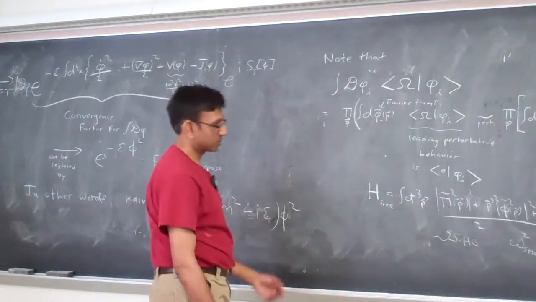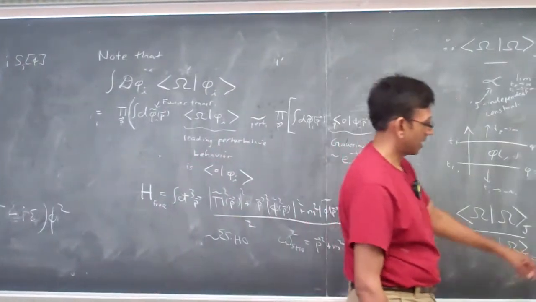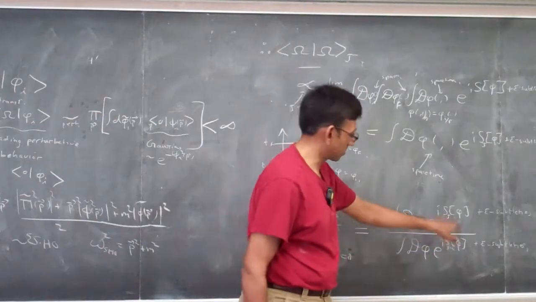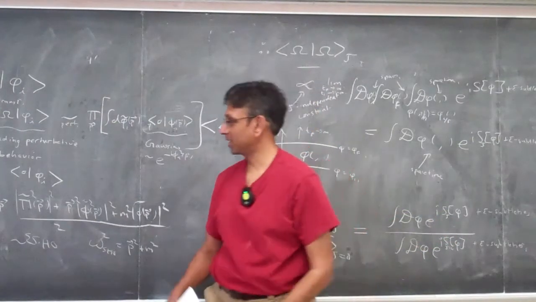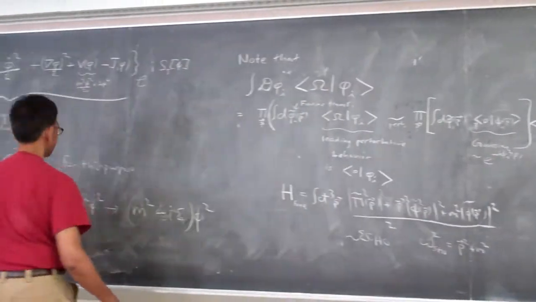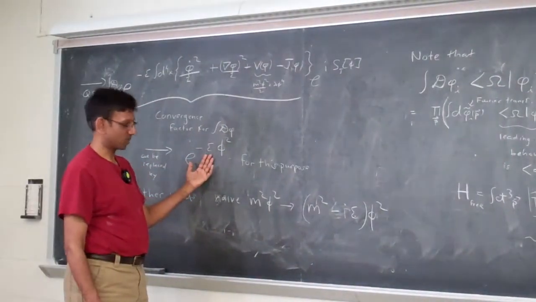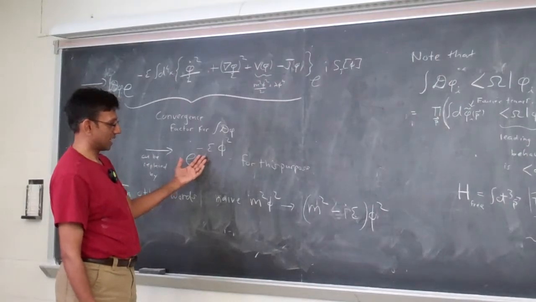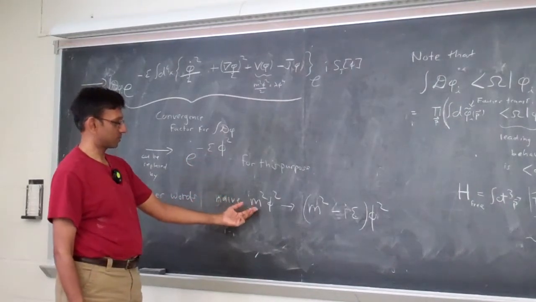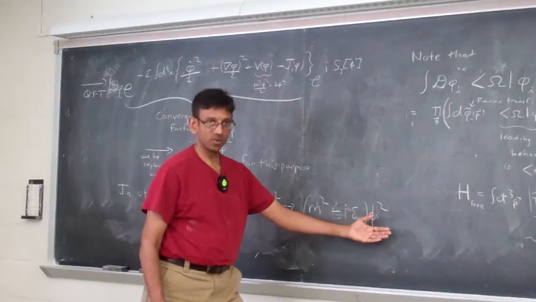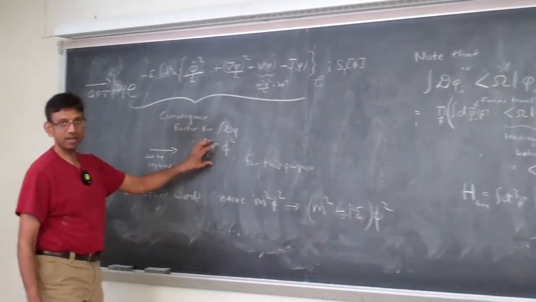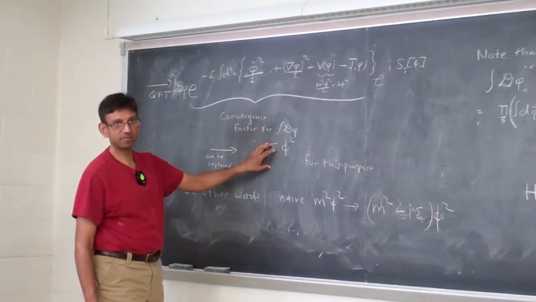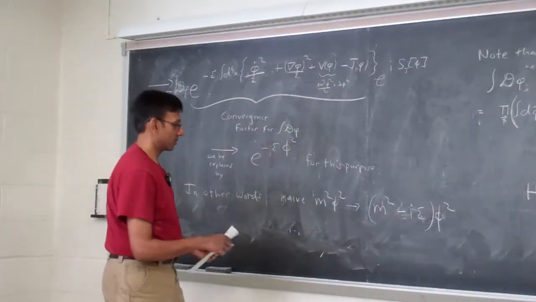Remember, m squared appears here with a negative sign, so this i will just give you this. Just check for yourself that if you replace this mass term with this combination, you'll get back this behavior.